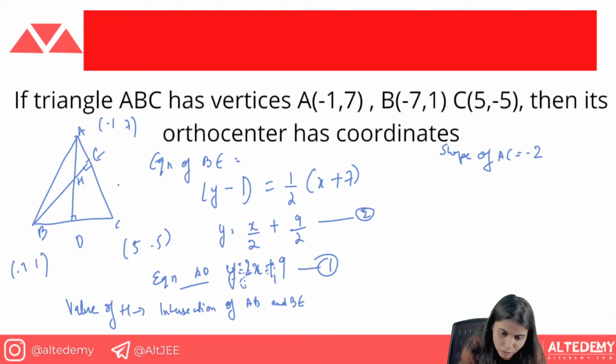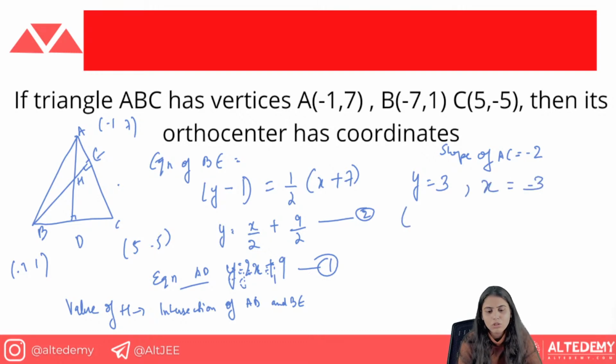So we get the value y is equal to 3 from that. You can just substitute it here, y is equal to 3, and that becomes 3 minus 9, that becomes minus 6, and x is equal to minus 3 here. So the point comes out to be minus 3 comma 3. So H, the answer, becomes minus 3 comma 3. That is the point of the orthocenter.